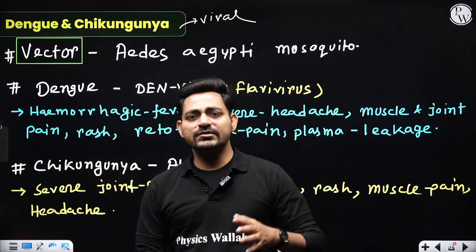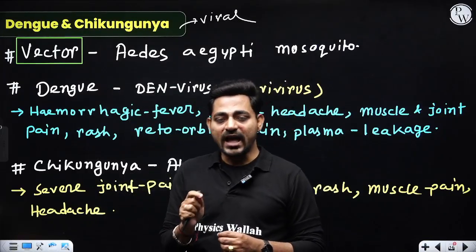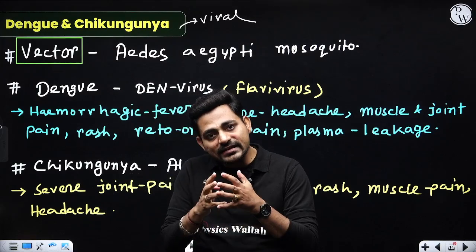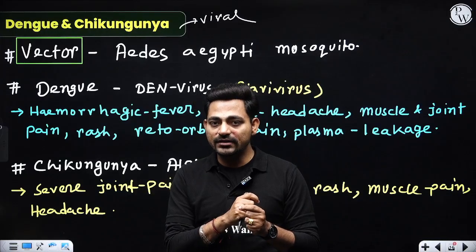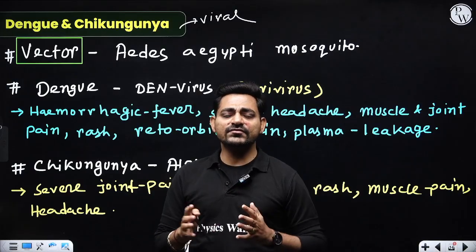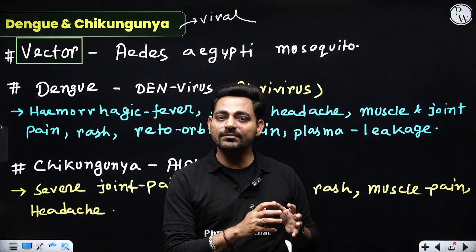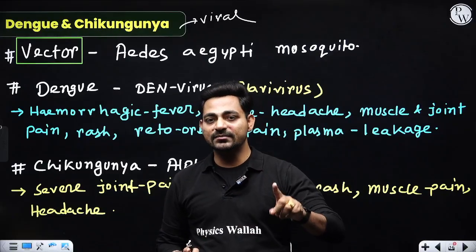Now what is the difference between carrier and vector? A vector is an animal which carries that pathogen and is also infected by that particular pathogen. So those carriers are called vectors. Sometimes a few animals only carry the pathogen but are not infected by it, so we won't call them vectors.